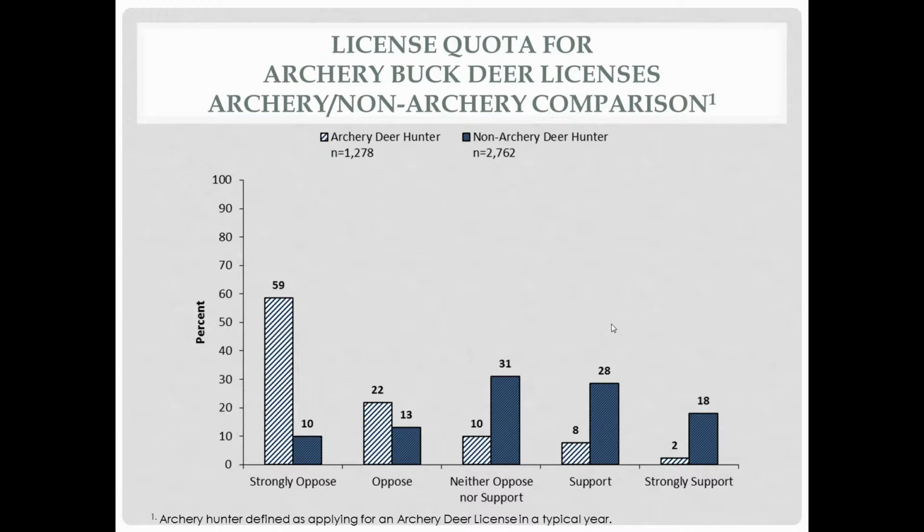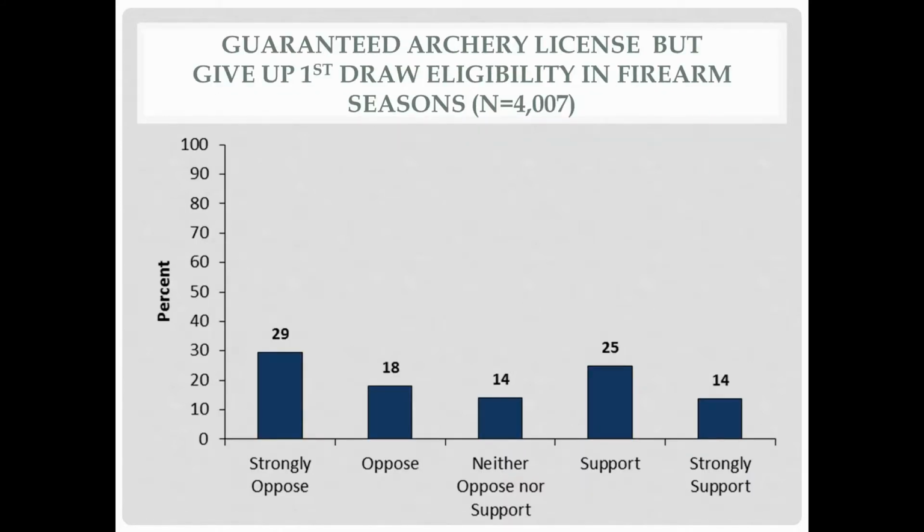One of the things we asked was a question about support or opposition for keeping archery as a guaranteed license, but you'd have to give up your first draw eligibility in a firearm season. Similar to our simultaneous drawing questions and the quota question, you see a pretty level distribution across there. 39% some amount of support, 14% neutral, and looks like 47% opposition of some sort.